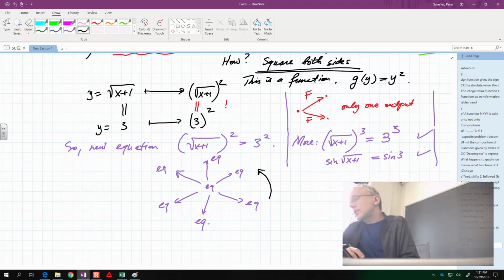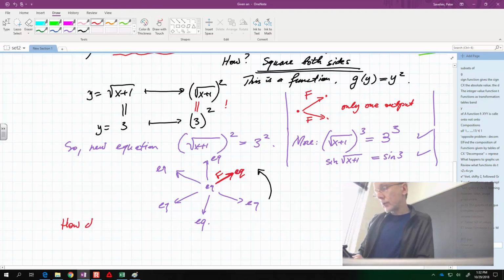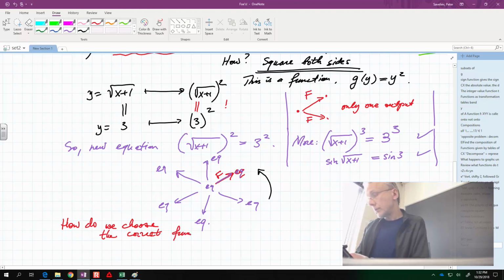But let's say you want to take the right direction from the beginning. So choose one correct function to apply in order to produce a new equation which is simpler than the original. Okay, so how do we choose, and how did we choose the correct, or maybe the best, function to apply?